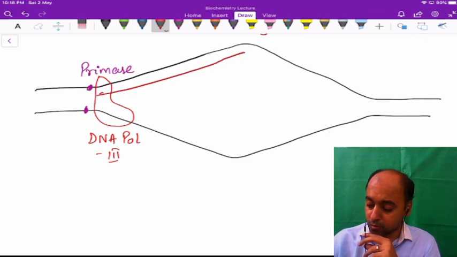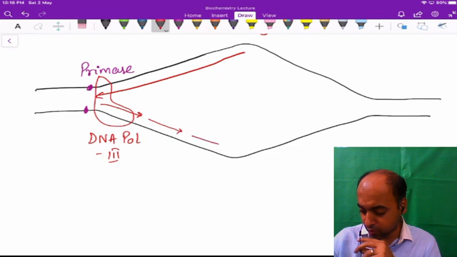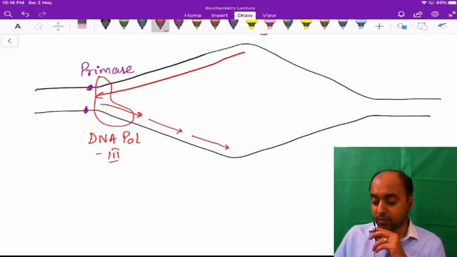So the synthesis of new DNA occurs, but because the two strands are anti-parallel, the synthesis pattern is not the same. We'll discuss what is happening here.